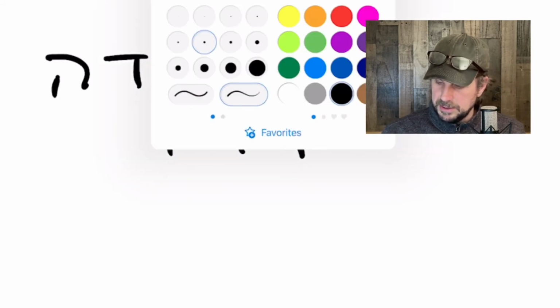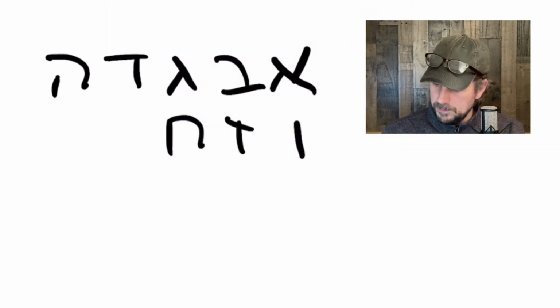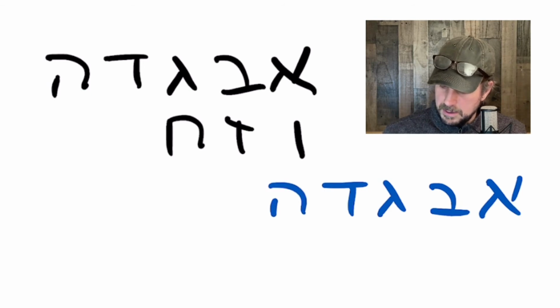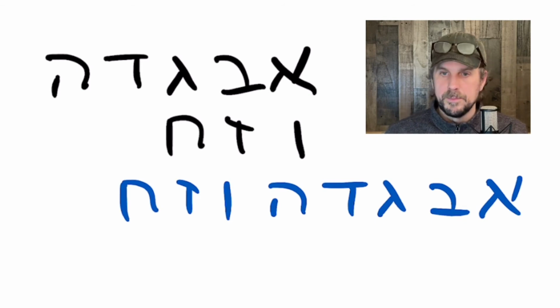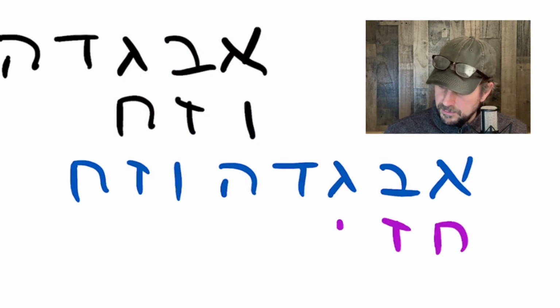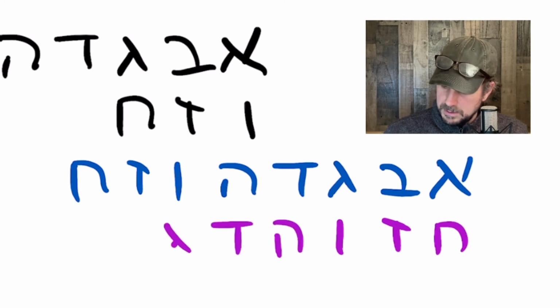Let's change color here. Do some more. Aleph, Bet, Gimel, Dalet, Hey, Vav, Zayin, Chet. Let's do another color. And we'll start backwards. Chet, Zayin, Vav, Hey, Dalet, Gimel, Bet, Aleph.